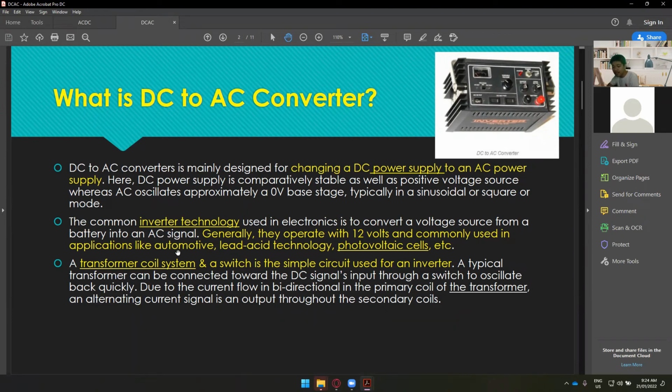I think in all of the cars, this is what we have, from a battery into AC power.